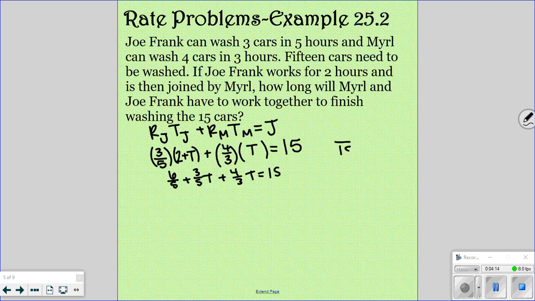The common denominator would be 15, and that would be 9 and 20. So we would have 6 over 5 plus 29 over 15t equals 15. And then if you subtract 6/5 from 15, you should get 69 over 5.